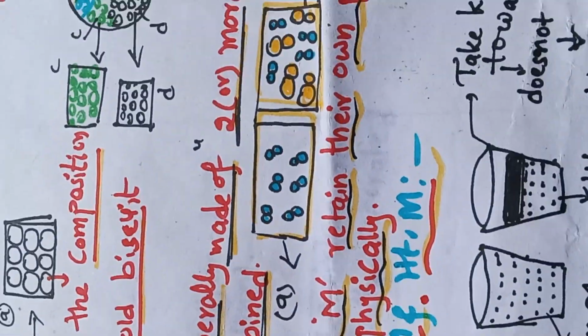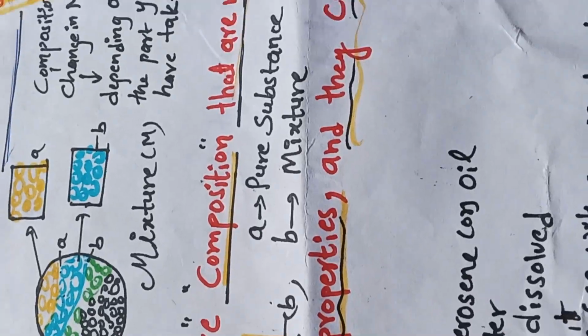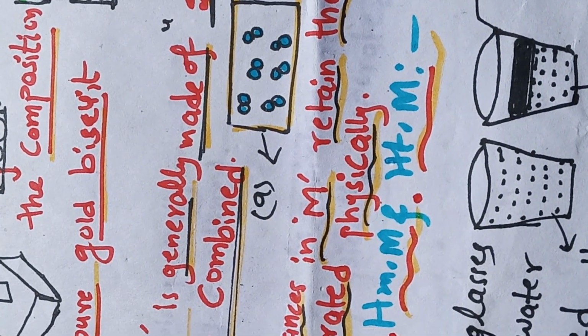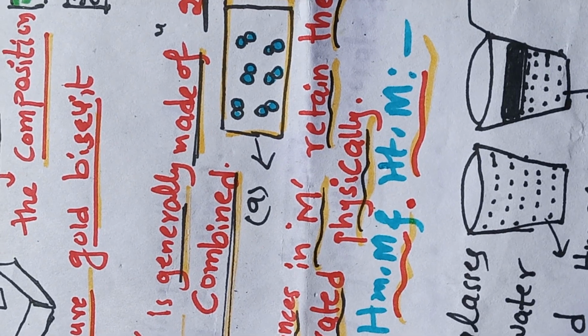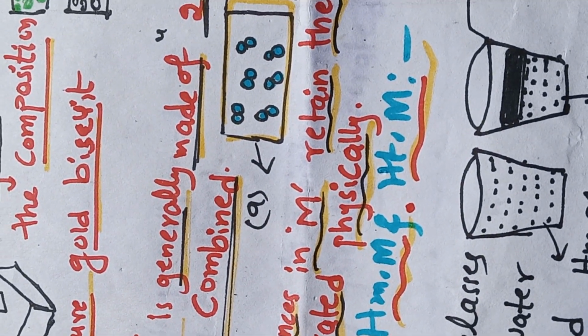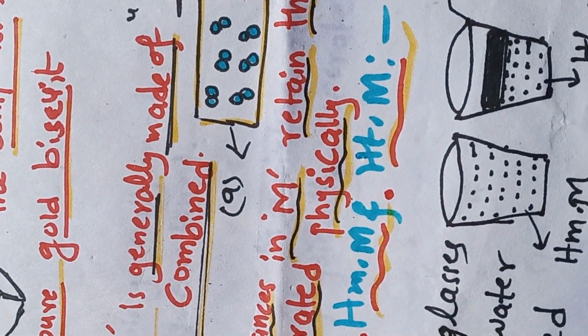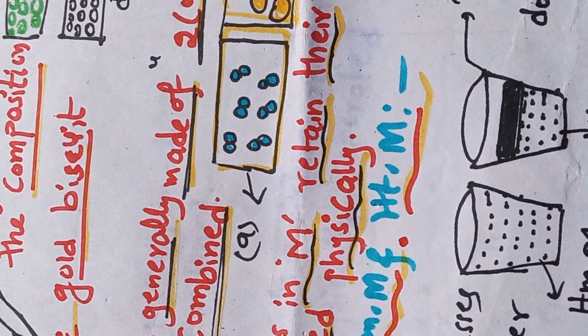The substances in a mixture retain their own properties, and they can be separated physically. Already I told, when we heat the salt water, the water goes out and the salt is left. That means we can separate salt and water by the physical method, because there is no chemical bonding between the components.